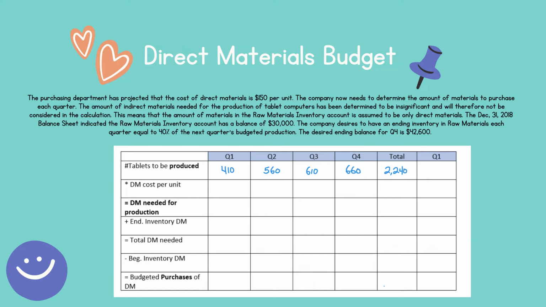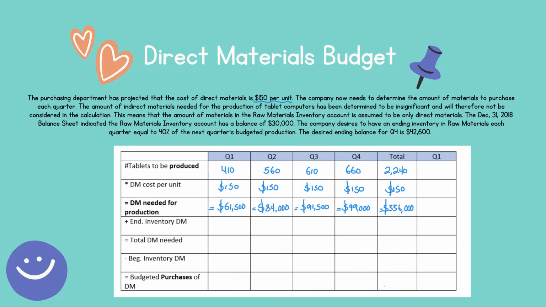Now, let's read the information given above the table. The purchasing department has projected that the cost of direct materials is $150 per unit. So I'm gonna multiply the number of units with the direct material cost per unit, which is 150 each. So now I need to multiply to get direct material needed for production.